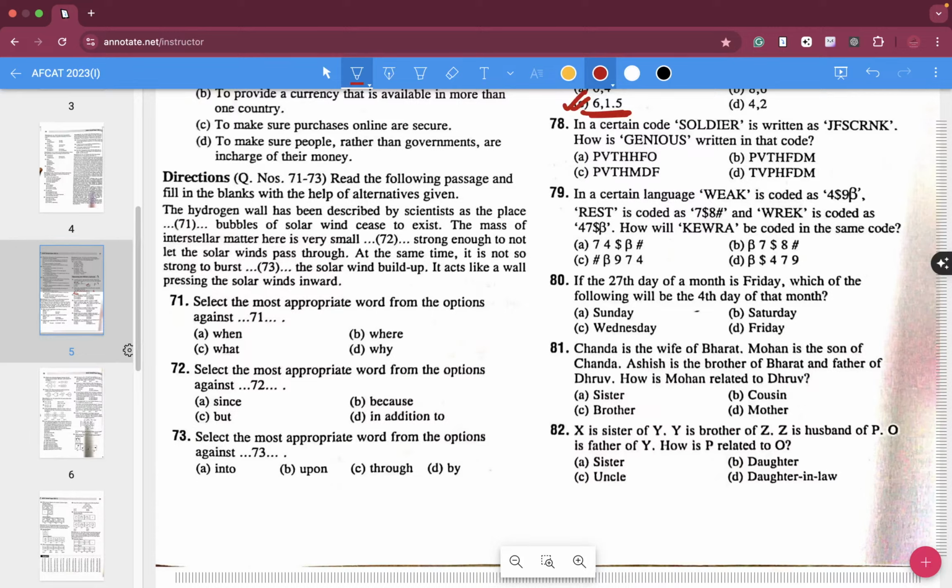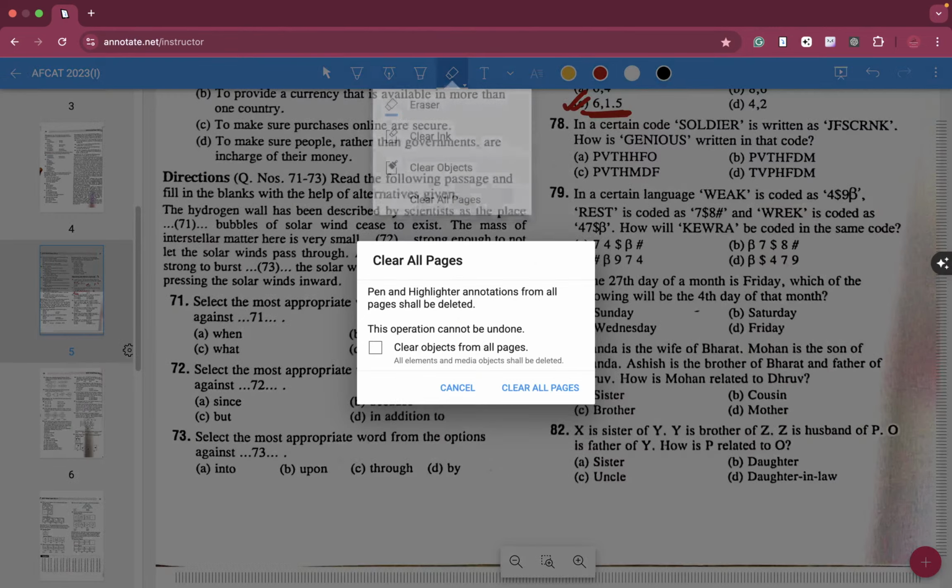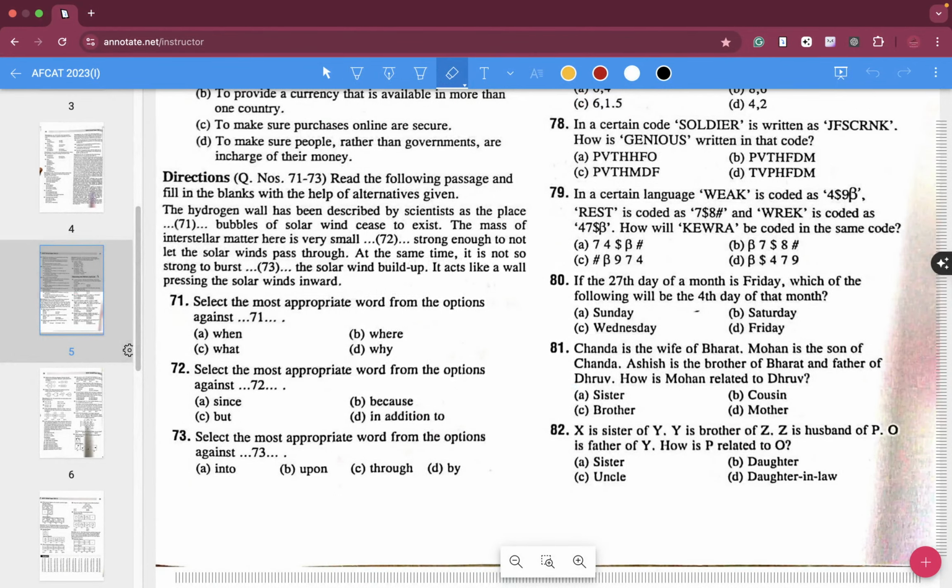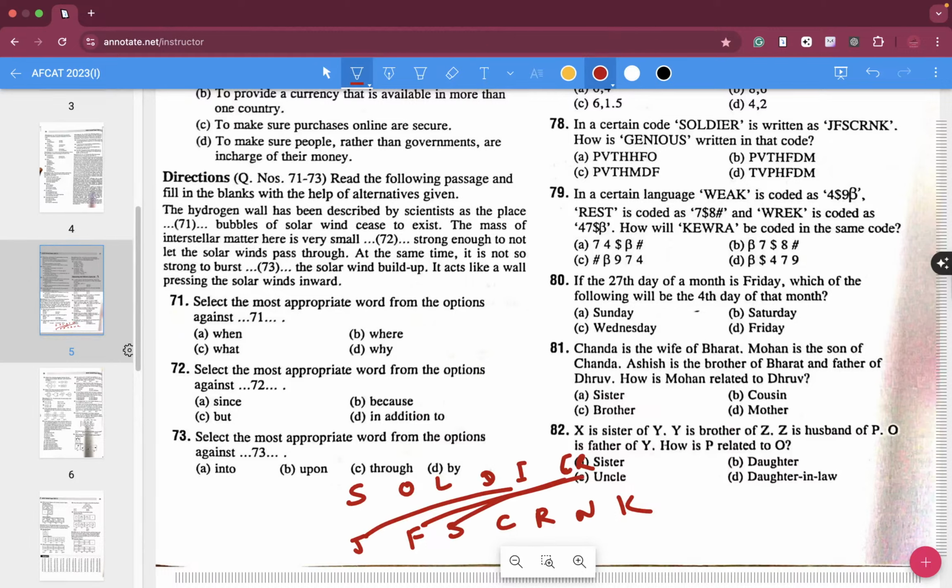So in a certain code, SOLDIER is written as JFSCRNK, then IJEFRS, CD, then RSMNOKL. This is what we have.